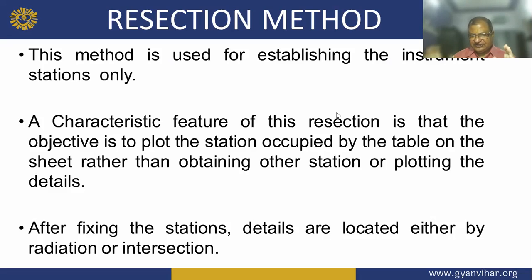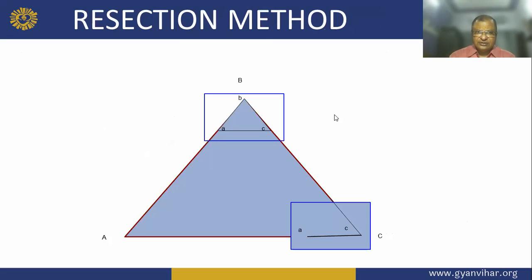A characteristic feature of the resection is that the objective is to plot the station occupied by the table on the sheet rather than obtaining other stations or plotting the details. So after fixing, the station details are located either by radiation or intersection. This is the resection method.